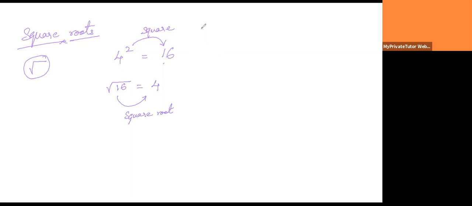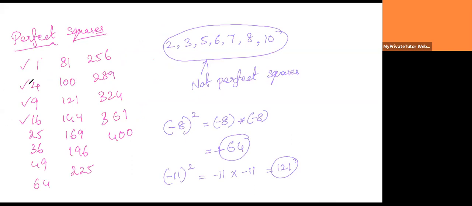You can take a different number. 5 squared is 25. The square root of 25 is 5. In the previous slide, I showed you these numbers, 1, 4, 9, 16, 25, and so on.